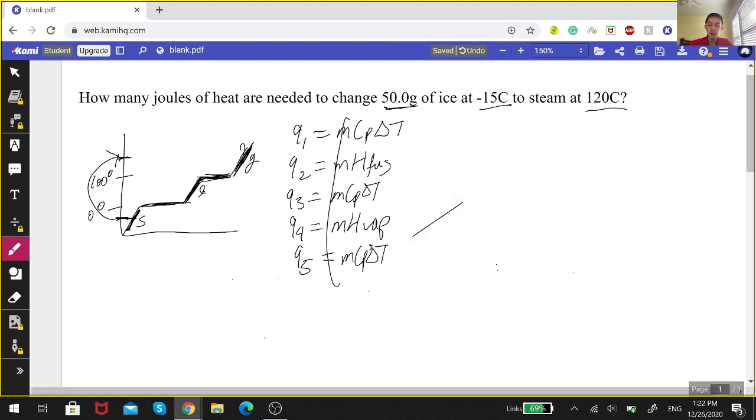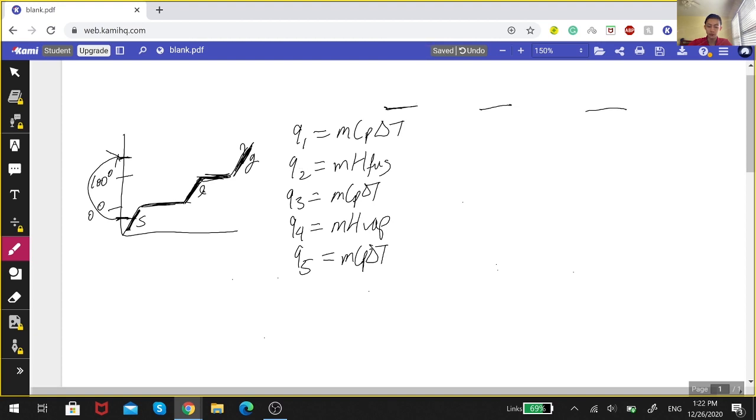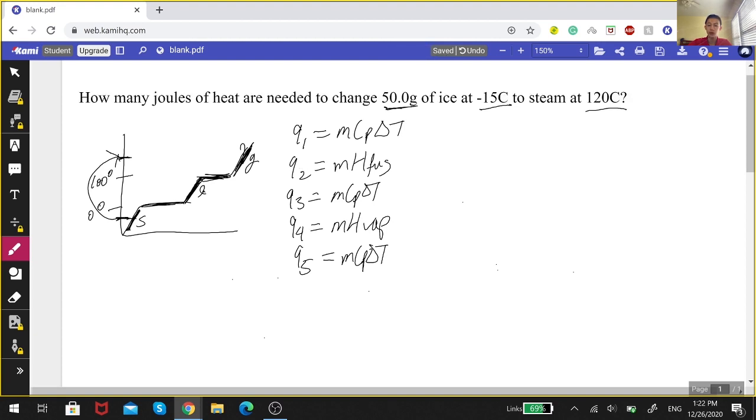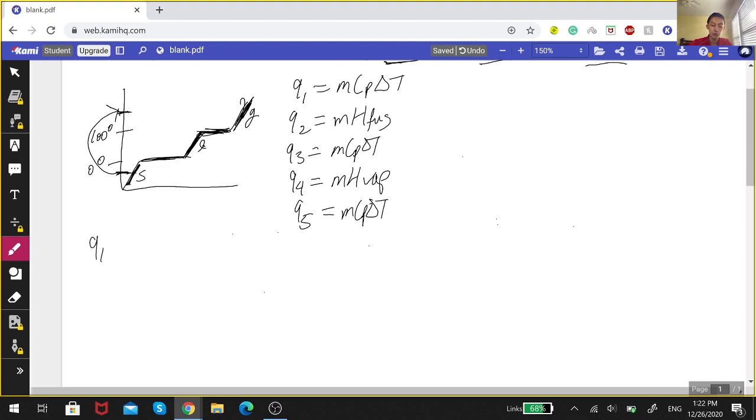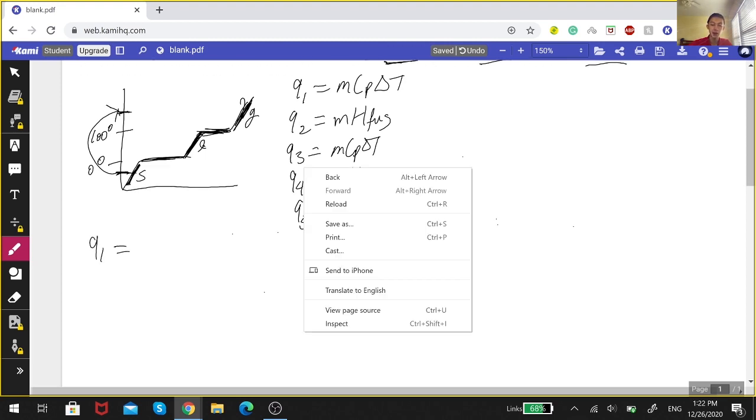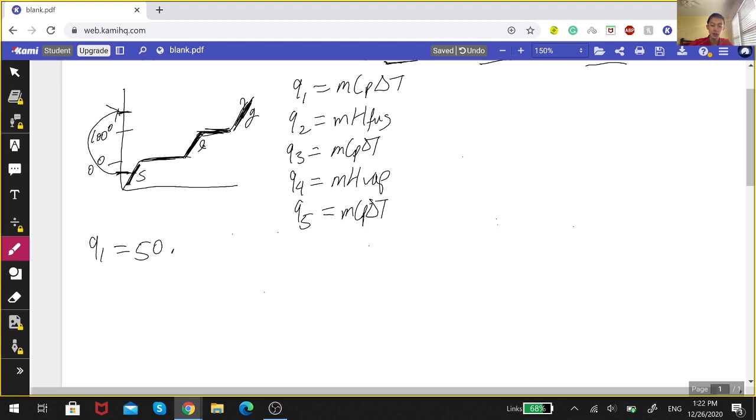So all of the m will be 50 grams because our grams does not change at all. It's only the other 3 that change. So Q1 will be equal to mass, 50, times Cp. Cp for ice is 2.05, and this is given information.